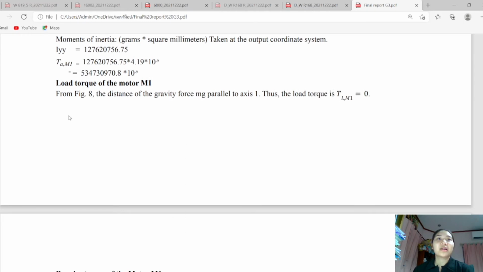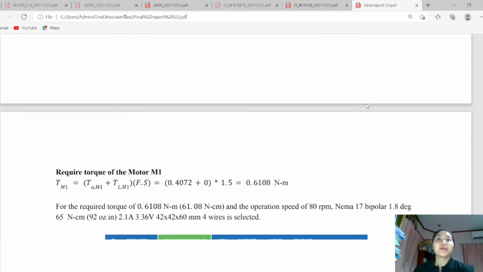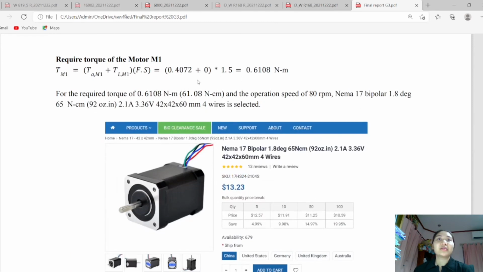Because the direction of gravity force is parallel to axis 1, we got load torque for this joy 1 is 0. And the motor that we select for this joy is NEMA 17.